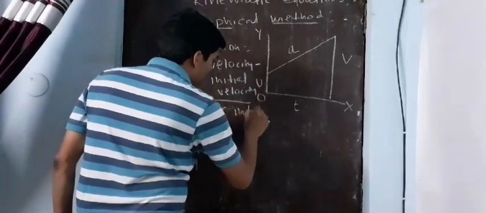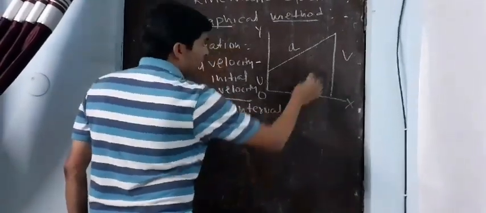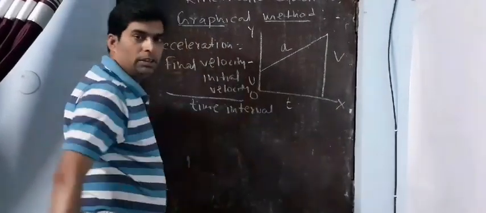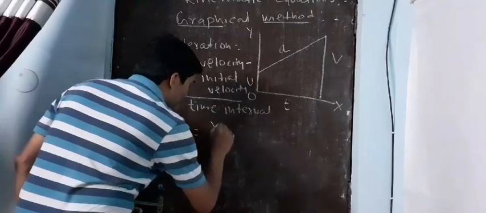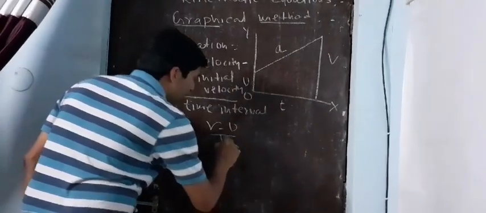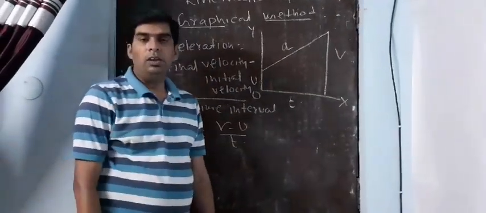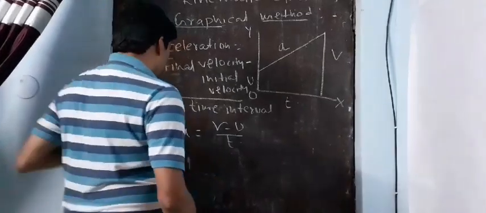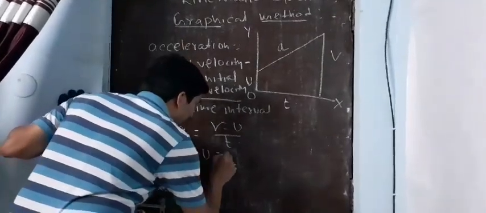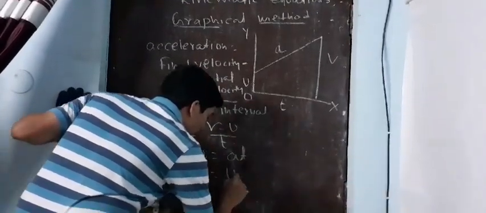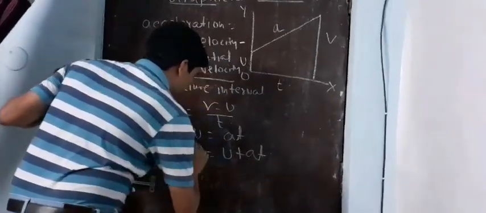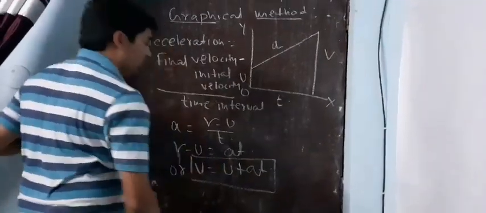Here the time interval means the time taken to attain the velocity v from velocity u. So we may write a equals (v minus u) by t. So v minus u equals at, or v equals u plus at. This is the first equation.